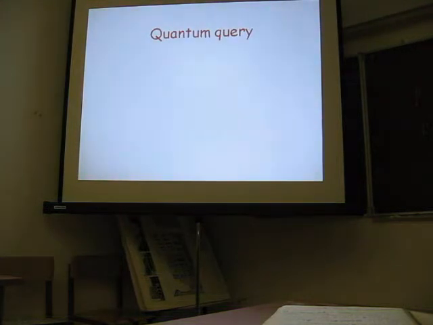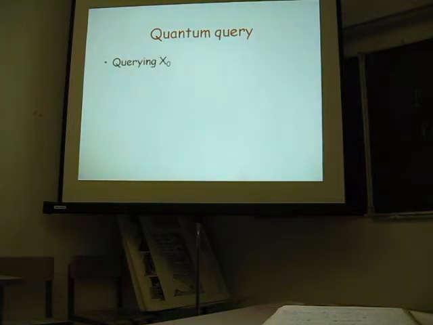So I have to explain what a quantum query is, because I haven't told you yet. The idea, of course, is that classically you can query x0 or x1. Quantum mechanically, you should be allowed to query both x0 and x1 in superposition, because that's what it's all about.